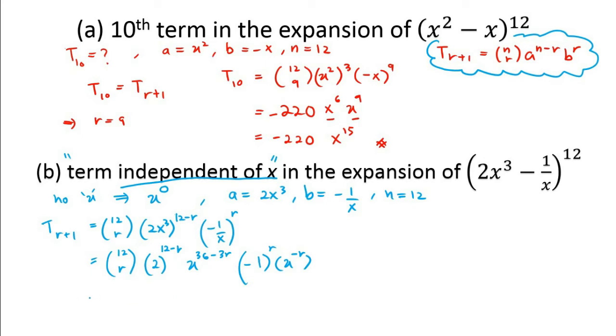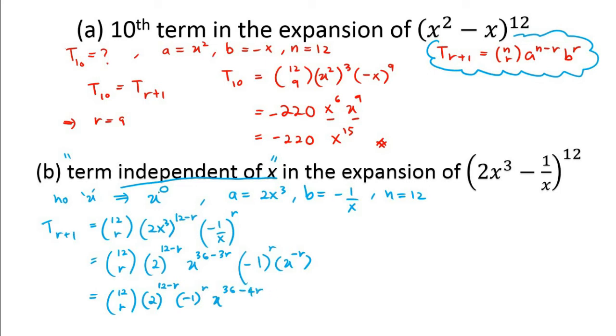Okay, so anything without x, bring it in front, so it should be 12Cr. 2 now is to the power of 12 minus r, with negative 1 now also to the power of r, and then combining all the base x together, we should have x to the power of 36 minus 4r.